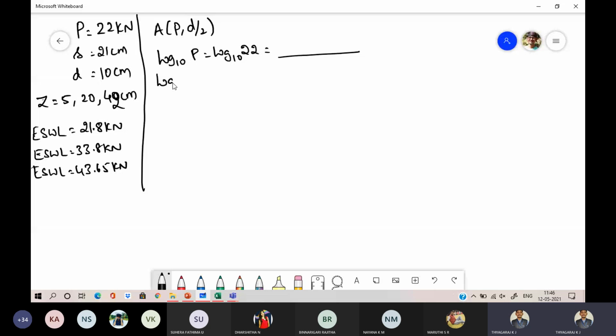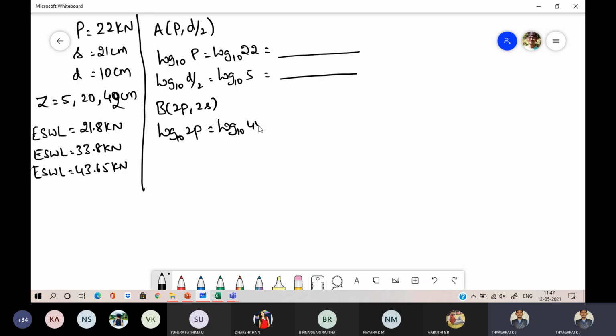Log 10 of D by 2, so log 10 of 5, calculate the value. Then point B is 2P comma 2S. Log 10 of 2P, that is log 10 of 44. Then log 10 of 2S, log 10 of 42. Calculate the value and tell me.